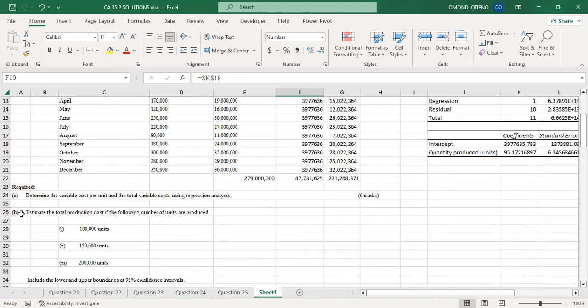About Roman B, estimate the total production cost if the following number of units are produced. So we already have our equation. Of course, our total production cost will be, we have our fixed, which is something that is constant. So instead of bringing fixed again there, this is what you are supposed to do.